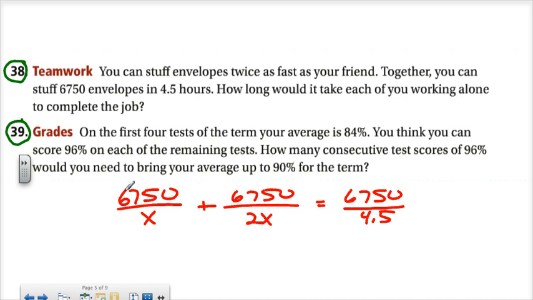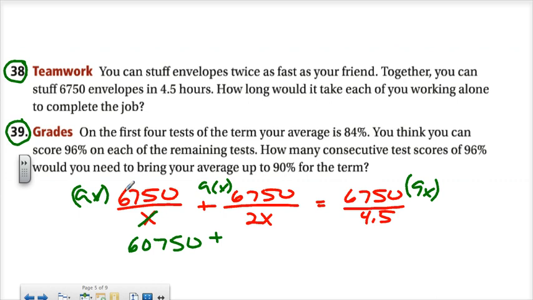And what we need to do is find our LCD, and in this case our LCD is going to be 9x. So we're going to multiply everything here by 9x. Here the x's will cancel out, and we will need 9 times 6,750, which is 60,750.